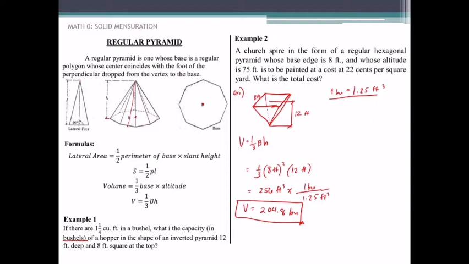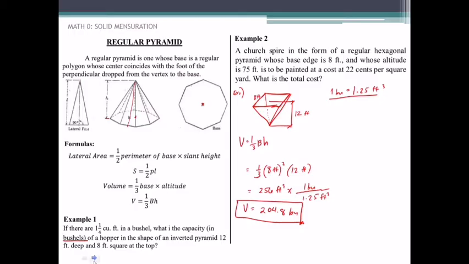So ang ato ang cost is 22 cents per square yard. So sa may kuha na to ani, we should get the lateral area, and then in terms of square yard, kay para makuha na to ang total cost.